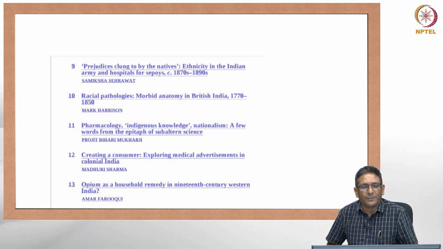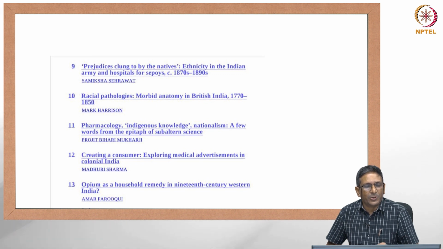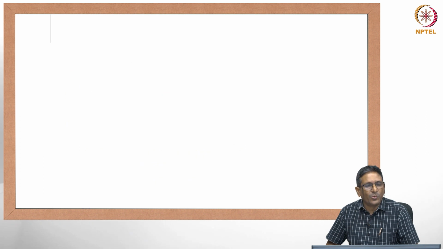And a particular article on the health of the army people, then about anatomy, about pharmacology, and medical advertisements, about opium. So that's an advantage of edited volumes like this.